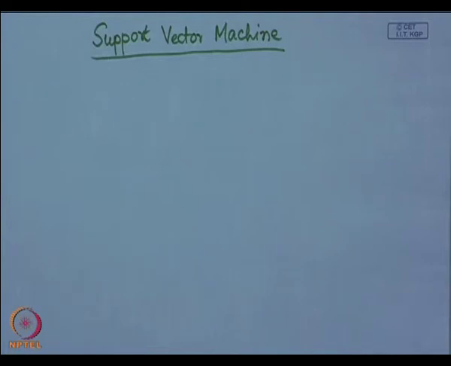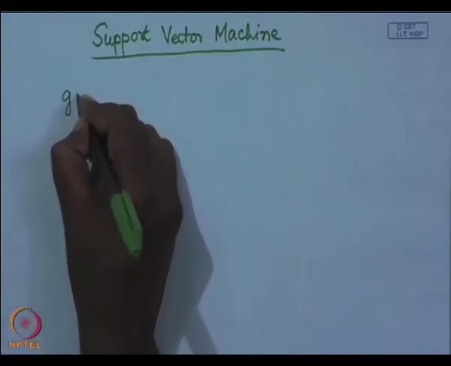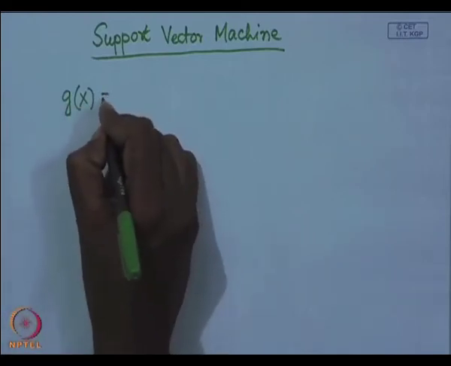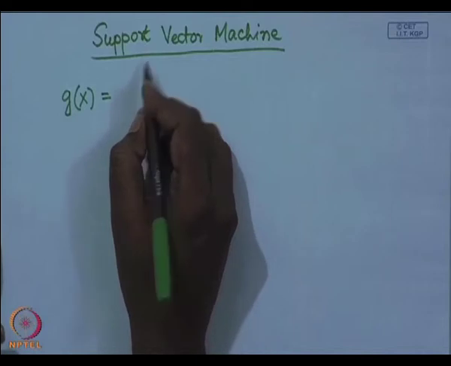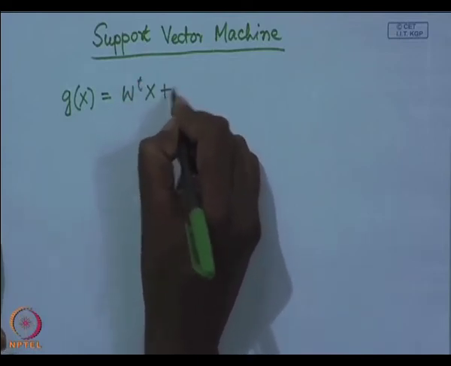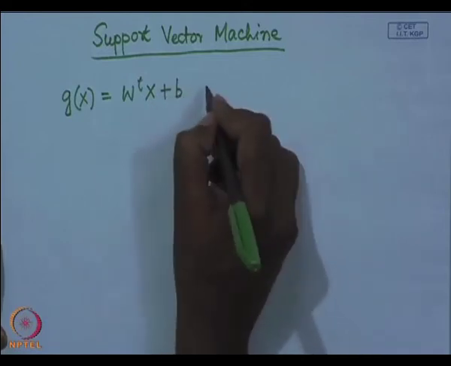So, if you remember what we discussed in case of a linear classifier, given a two class problem, we have said that I can define a discriminating function, say g of x, which is of the form, say, w transpose x plus b, okay.